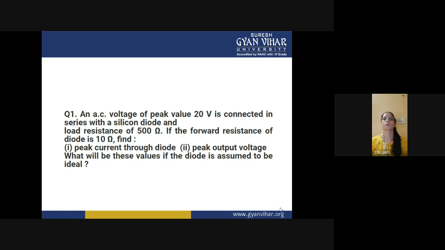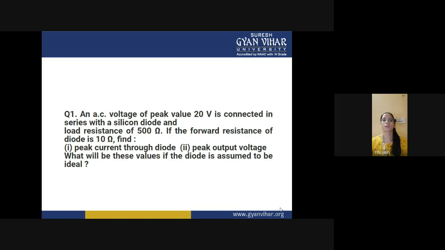Here the AC voltage of peak value 20 volt is given, and it is connected in series with a silicon diode and a load resistance of 500 ohm. If the forward resistance of the diode is 10 ohm, the forward resistance is also given.